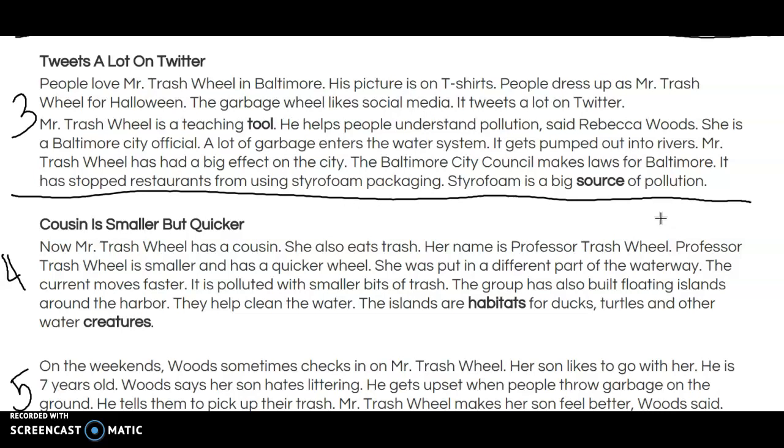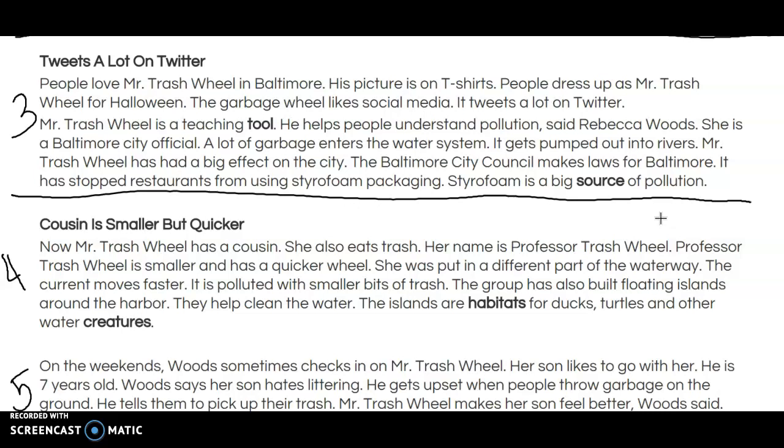She is a Baltimore city official. A lot of garbage enters the water system. It gets pumped out into rivers. Mr. Trash Wheel has had a big effect on the city. The Baltimore City Council makes laws for Baltimore. It has stopped restaurants from using styrofoam packaging. Styrofoam is a big source of pollution.